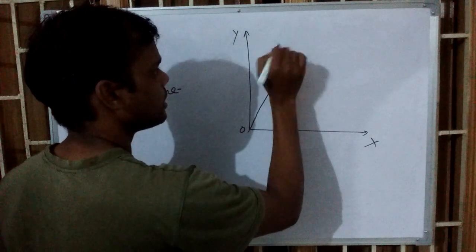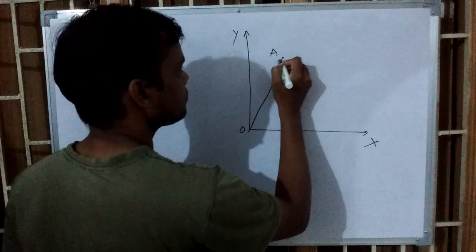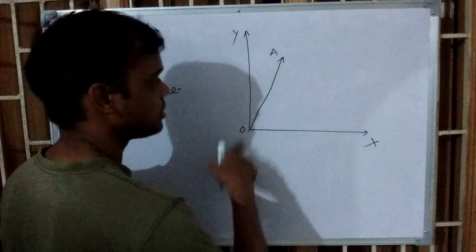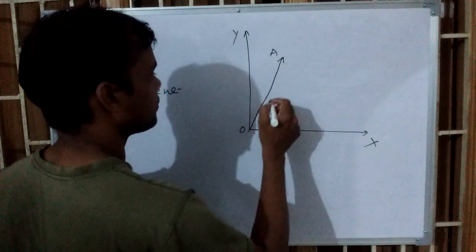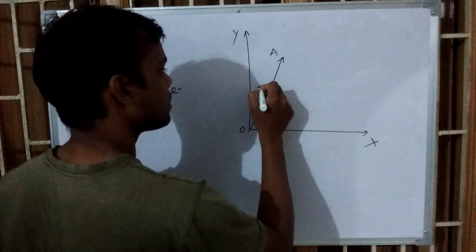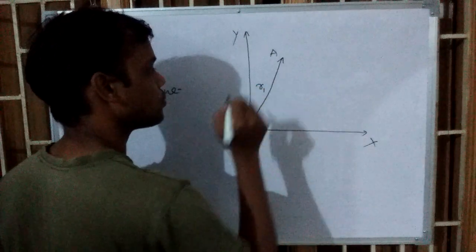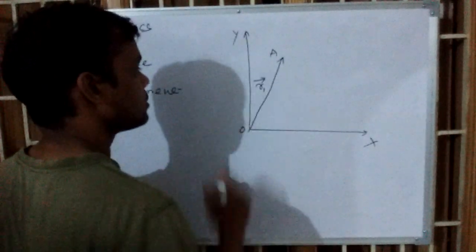Let this position be A. Then this vector that joins the object to the origin is called position vector. We can name it R, and I can also write it as R1 because this is the initial position. So this is R1 vector.